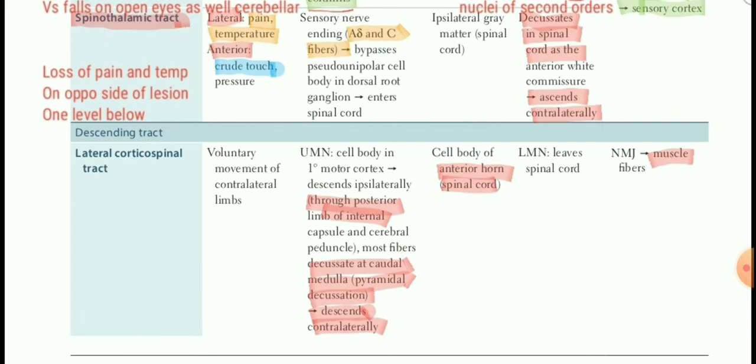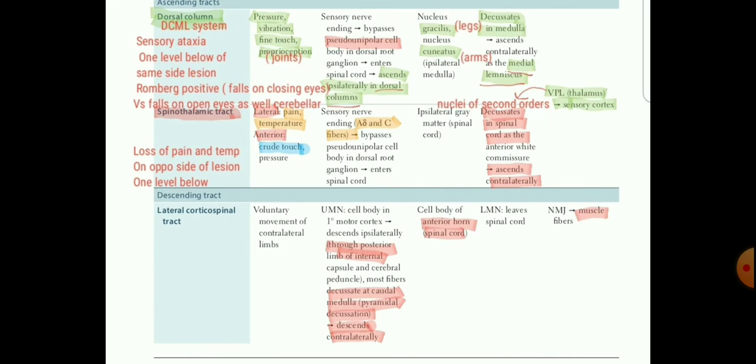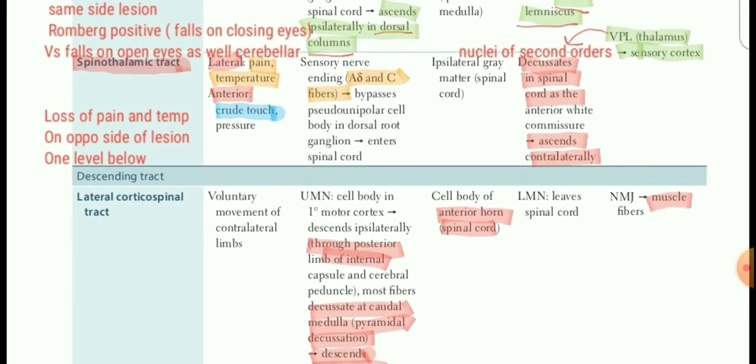Cortex means it starts from the brain; a descending tract ends in the spinal cord. We know that the first order neuron will be in the cerebral cortex and passes through the internal capsule. It is not to be confused with the decussation in the medulla of the dorsal column. The internal capsule is a different thing.